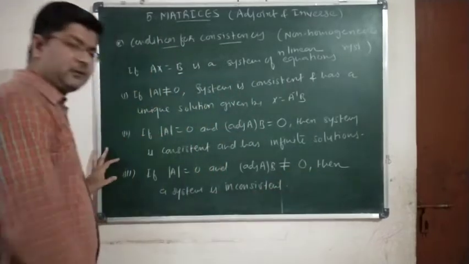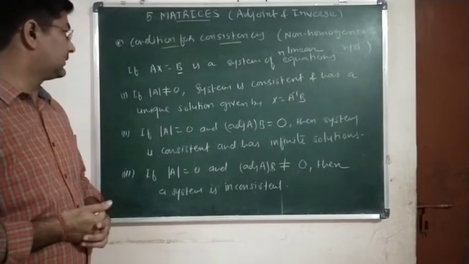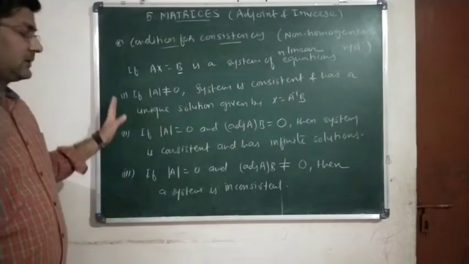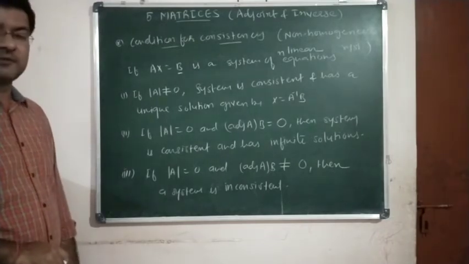Here the system of equations is inconsistent, that is, it has no solution. Understood? So you will remember the 3 conditions for consistency of a non-homogeneous system of equations.